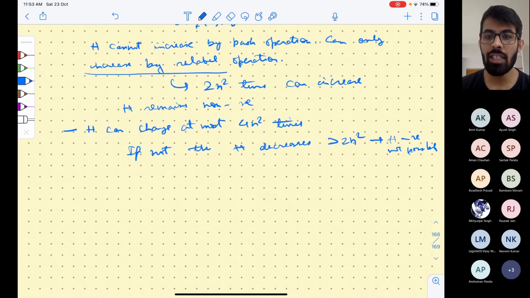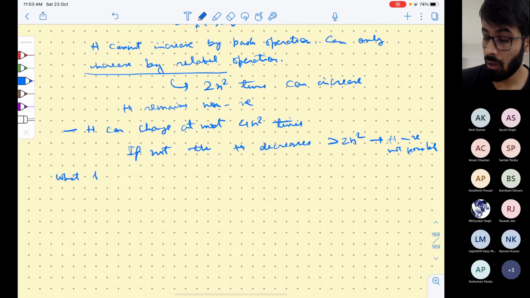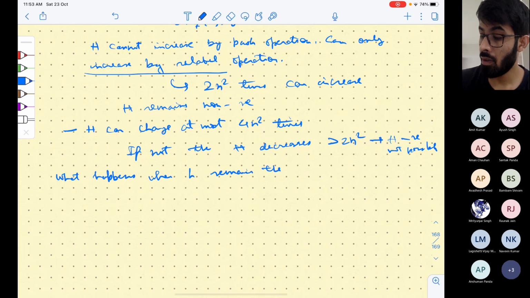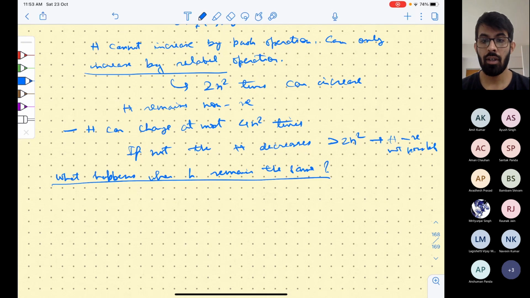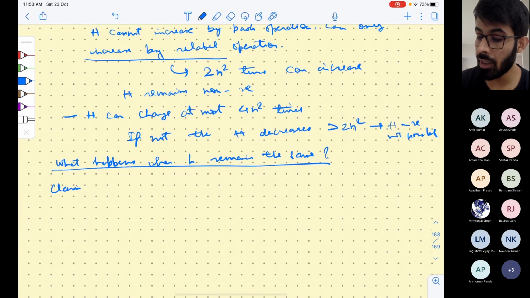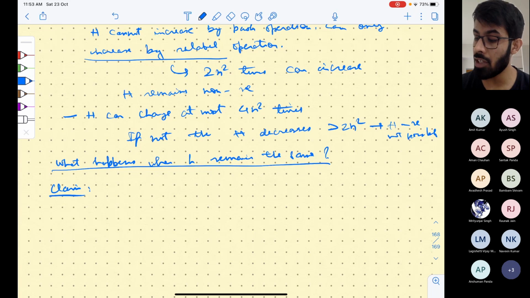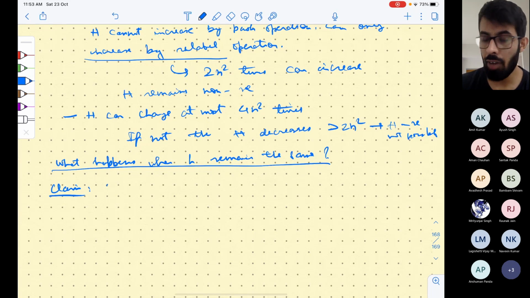Now what happens when h remains the same? The claim is that in this phase, when h remains the same, each node can have at most one non-saturating push.